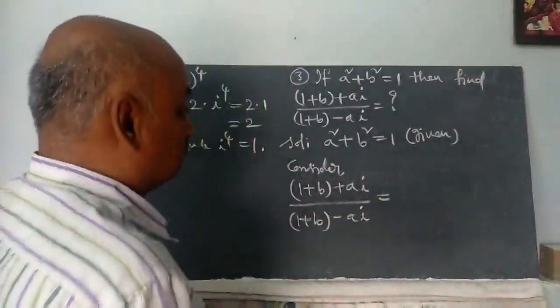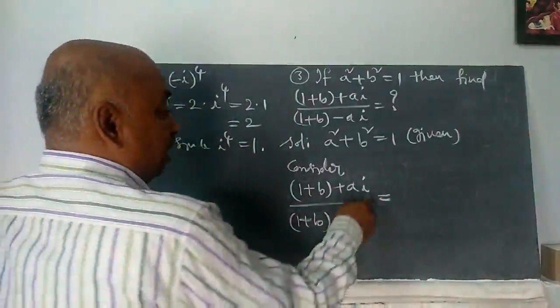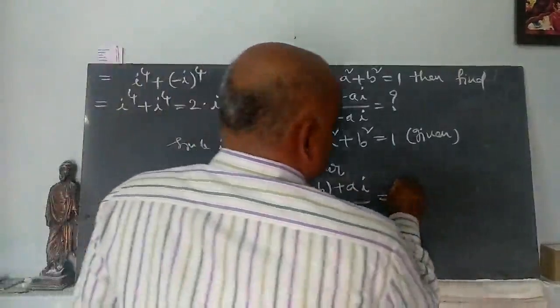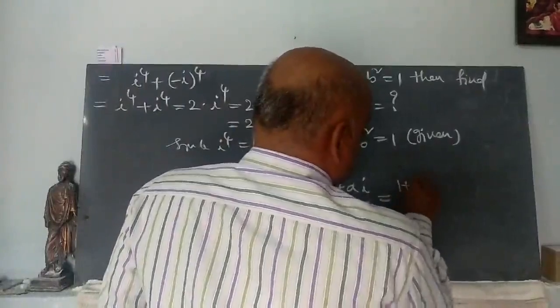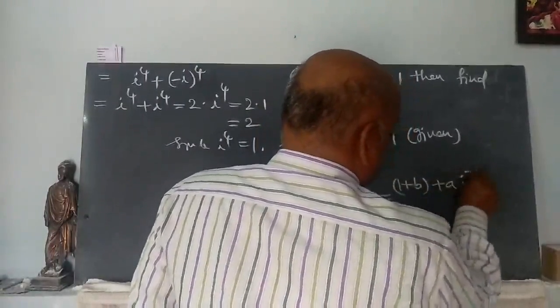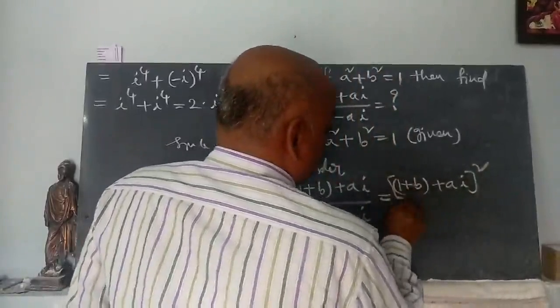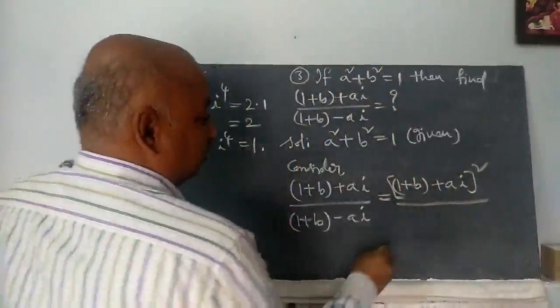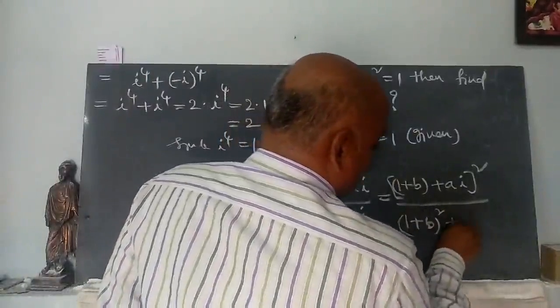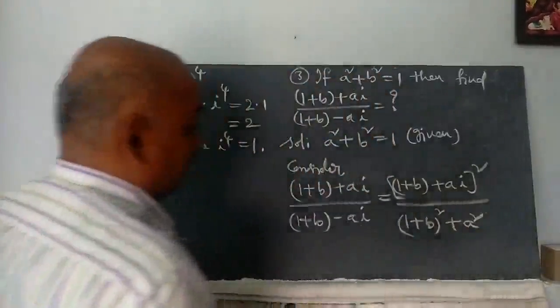This is equal to multiplying and dividing by the conjugate of the denominator. So (1 plus B plus Ai) whole square by (1 plus B) whole square plus A square.